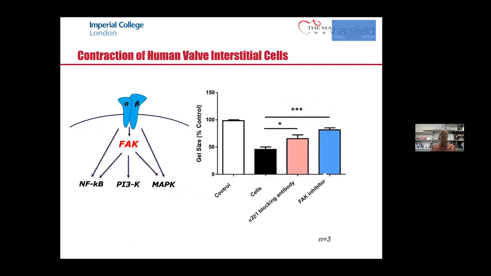So we also went on to look at the role of focal adhesion kinase, one of the signaling molecules involved in signaling induced by adhesion by integrin binding. And similar to the effect of the blocking antibody, a focal adhesion kinase inhibitor also blocked collagen gel contraction.